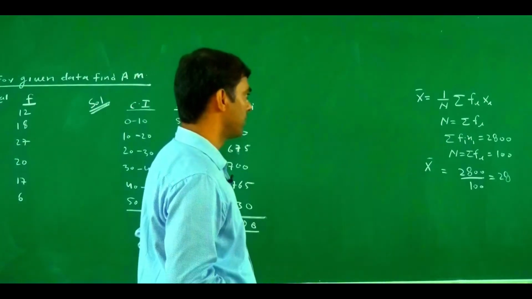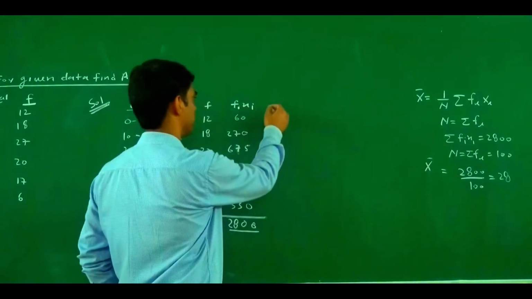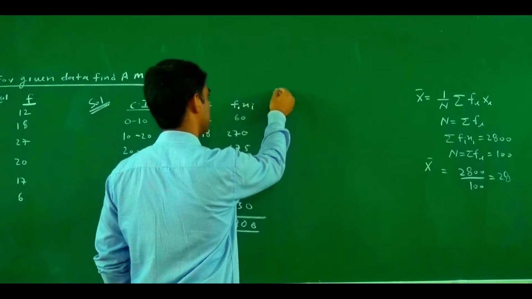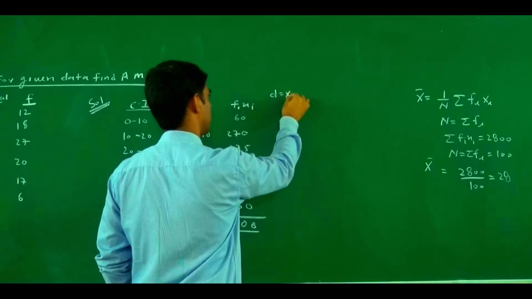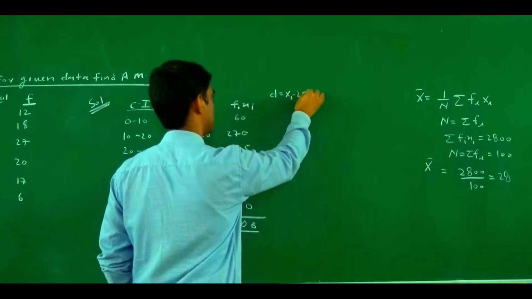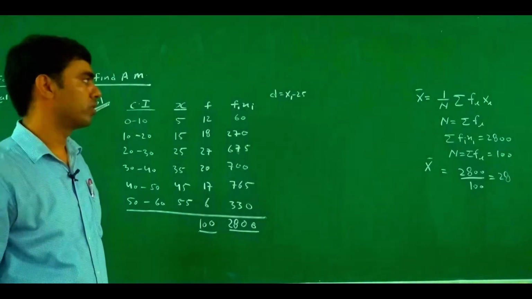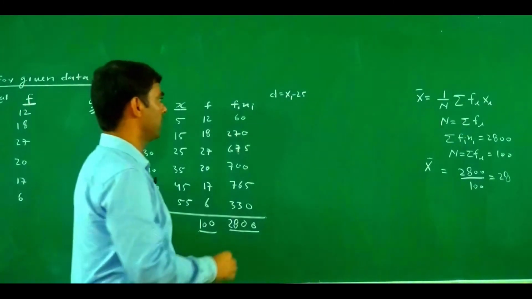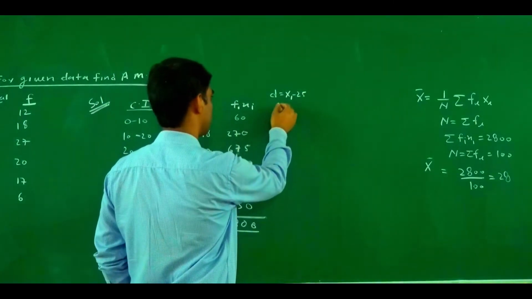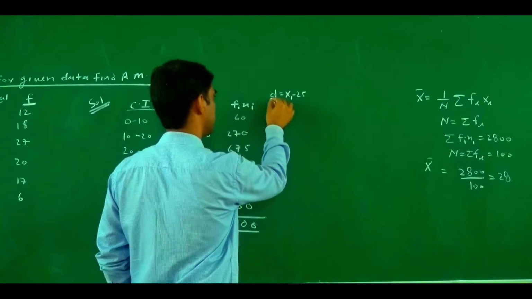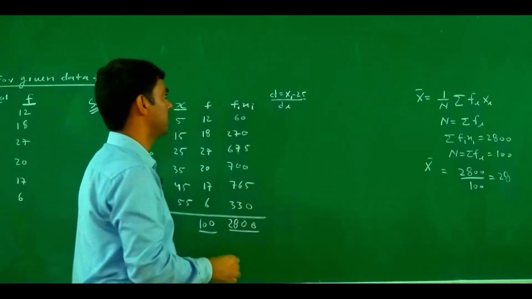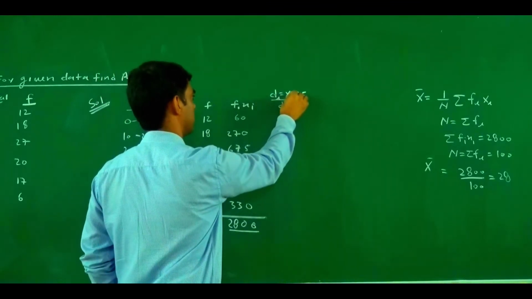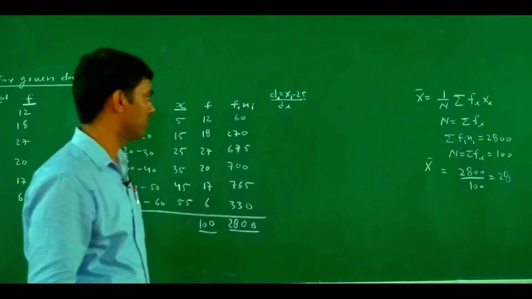Second one, if we use the deviation, here we write di equals xi minus a. Suppose we take a as 25. Then what is the value of di? di equals xi minus 25.